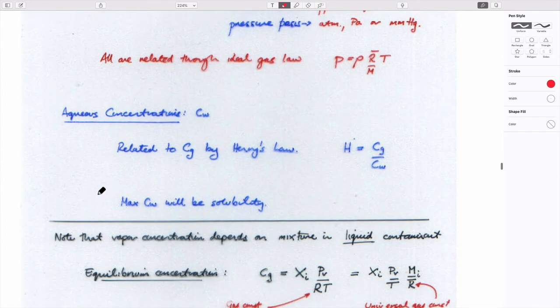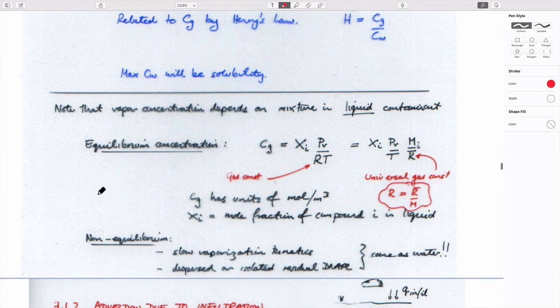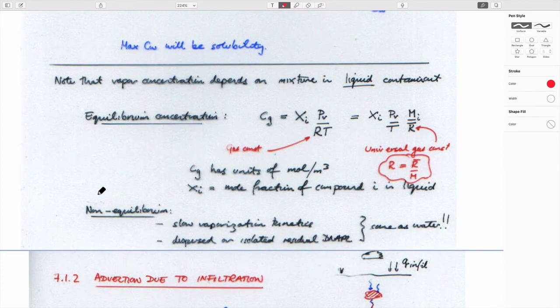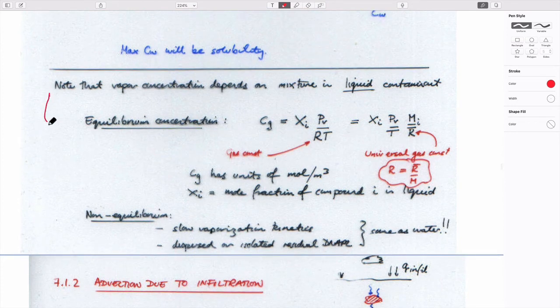The other thing I suppose we should mention just quickly is that we can also use Raoult's Law. So this is also Raoult's Law. And it's no different than before.